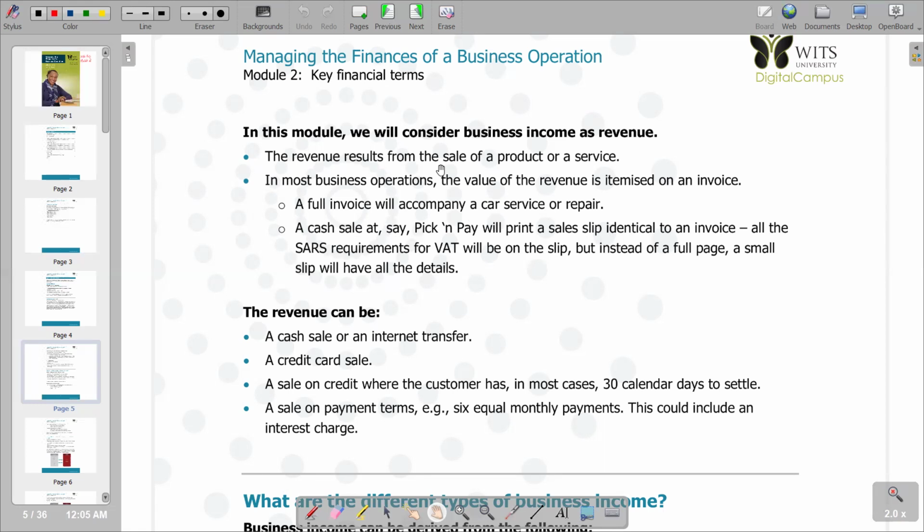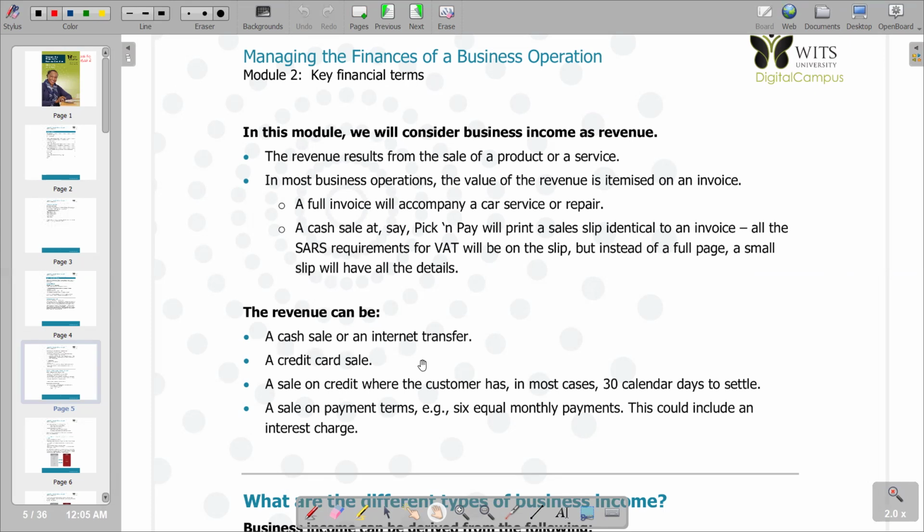Then we now have the different types of revenue that we can have. Remember, types of revenue is also one of the main objectives of this topic one. The first point is saying a cash sale or an internet transfer can also be a form of revenue. When we have a cash sale, we have sold on a cash basis.